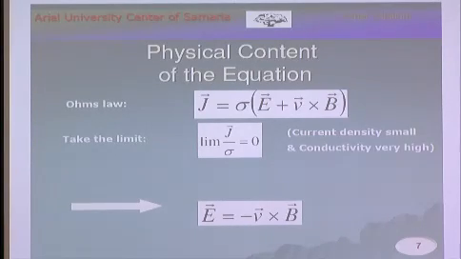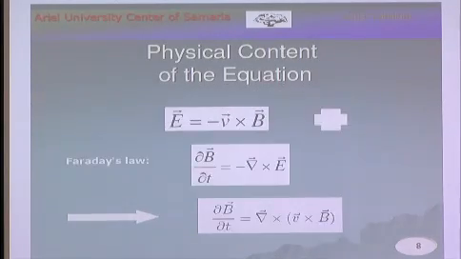This means small current density and very high conductivity. So in this case, you get the electric field as a V cross B term. Now you take this, and you take Faraday's law, and you combine together, and you get this equation of MHD.